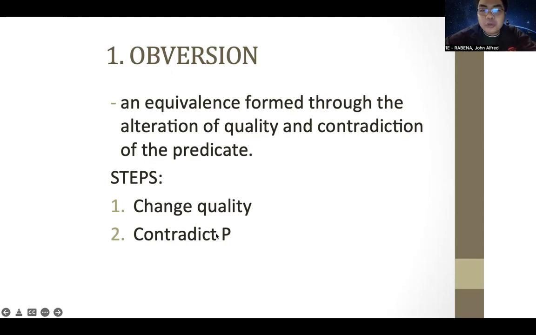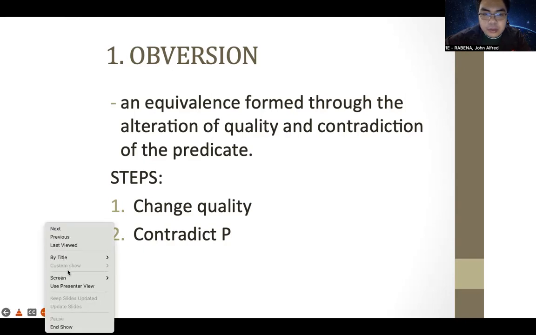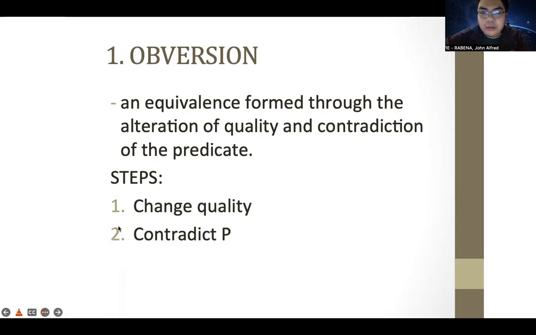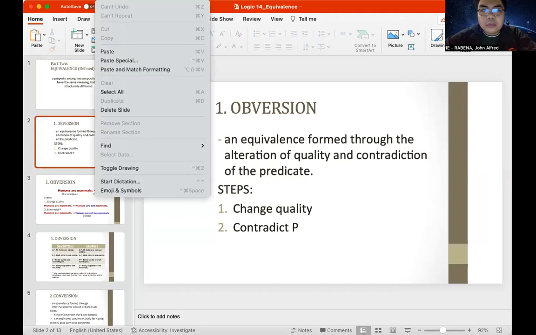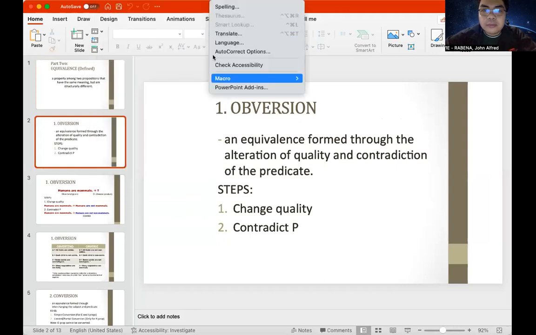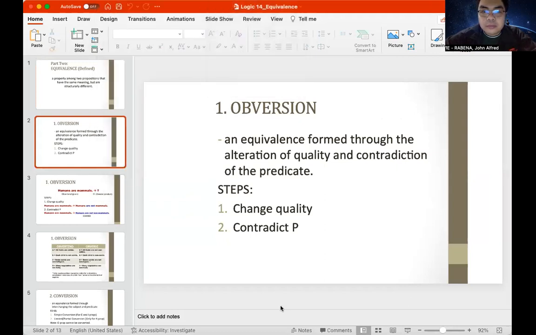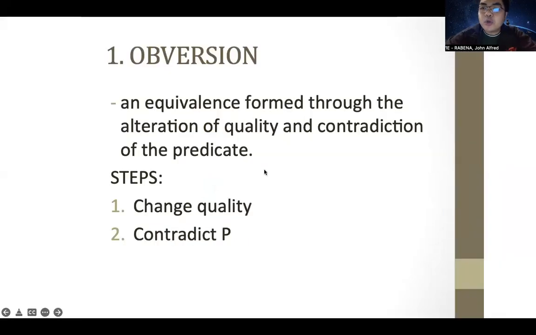Now we move on to the second step. The second step is to contradict the predicate. What is the predicate in the proposition, the grass is green?